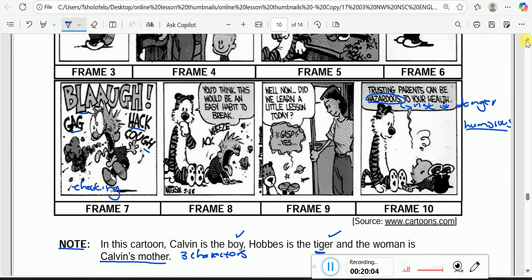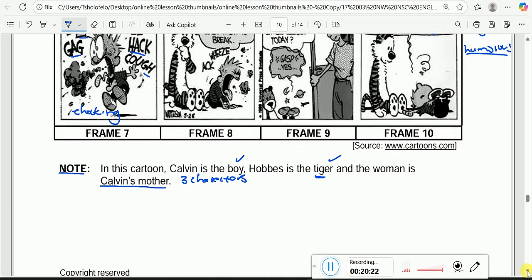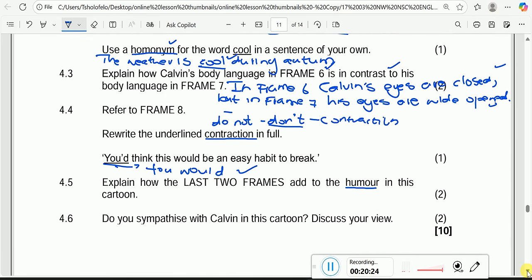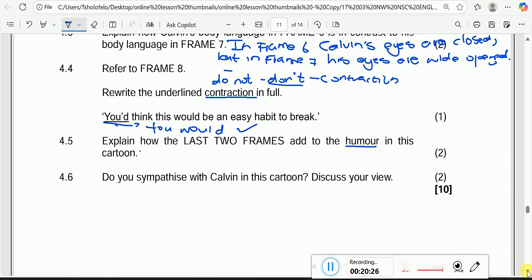The last two frames: his mother expects Calvin to learn from experience of how bad smoking is. Calvin, however, tells Hobbes that trusting his mother is the real thing that is dangerous to his health. So it is much more ironic in a way. So you unpack what happened in the last two frames that adds to the humor.